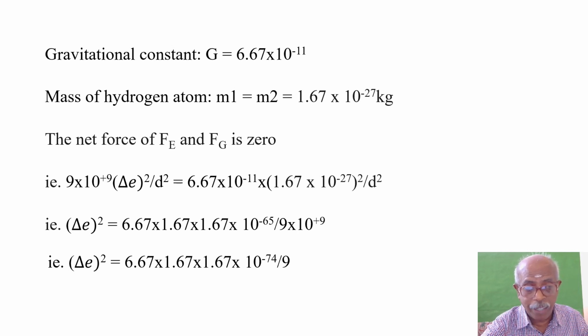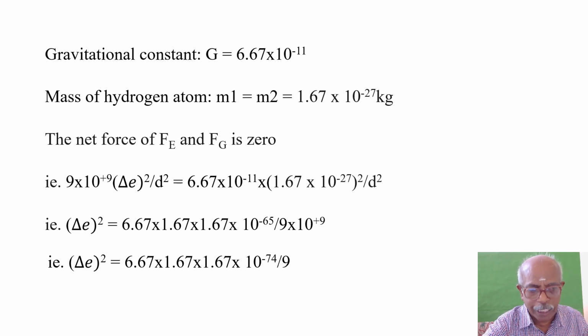It means 10 power minus 54, and with the 11 here, 54 plus 11 gives 10 power minus 65, divided by 9 into 10 power plus 9. Now the 10 power plus 9 goes to the numerator as 10 power minus 9. That means 6.67 into 1.67 into 1.67 divided by 9, into 10 power minus 74, since 65 plus 9 is 74. This is delta e the whole square.